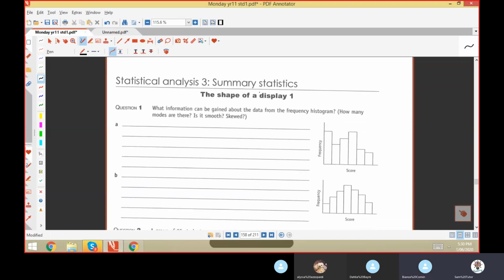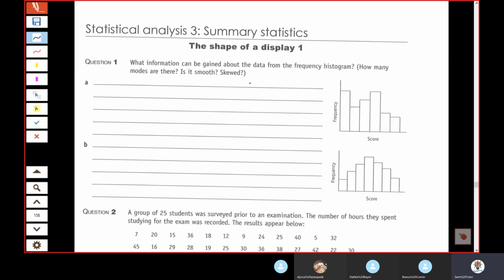Shape, skewness. So these ones here, it's about what is named skewness or skewed, if it's smooth or skewed. The idea is if you've got something that looks like this, it would be smooth or symmetrical.